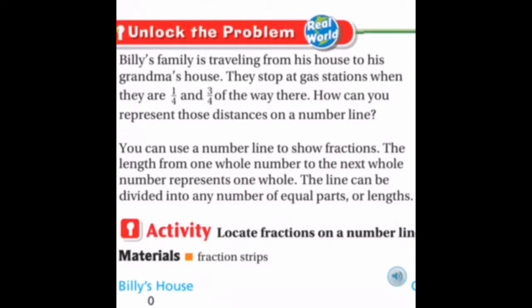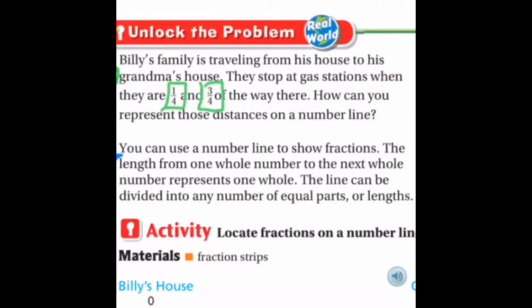Let's look at Unlock the Problem. It says, Billy's family is traveling from his house to his grandma's house. They stop at gas stations when they are 1/4 and 3/4 of the way there. How can you represent those distances on a number line? It does say, right here, you can use a number line to show fractions.